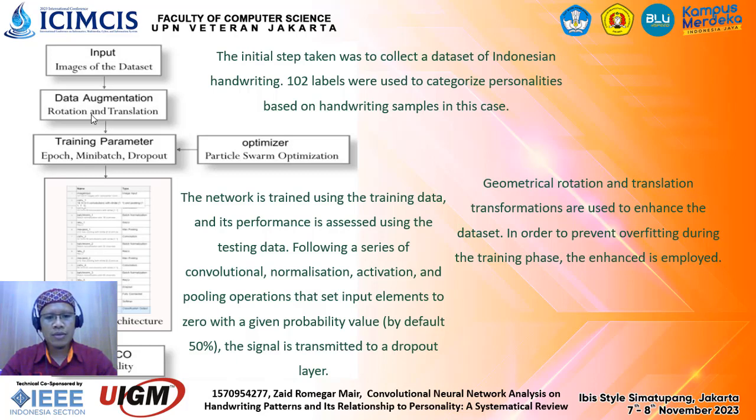The signal is transmitted to the dropout layer, and there is rotation and translation. Geometrical rotation and translation transformations are used to enhance the dataset in order to prevent overfitting during the training phase, and hence are employed.